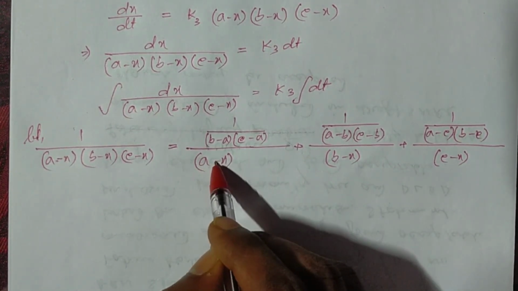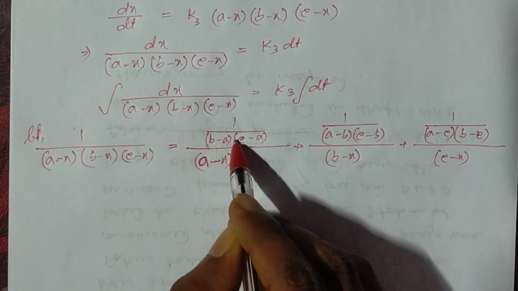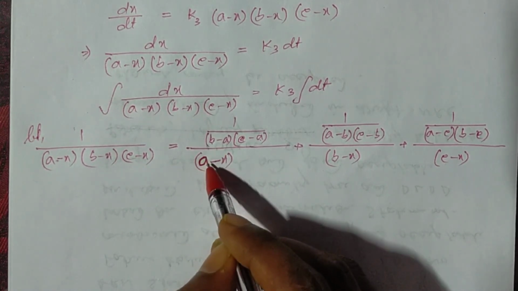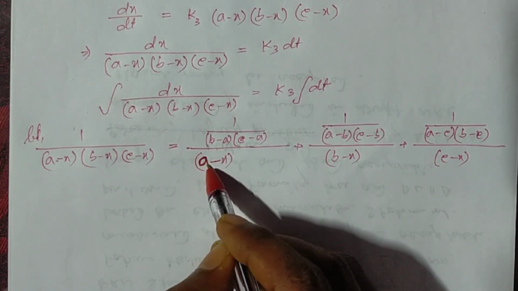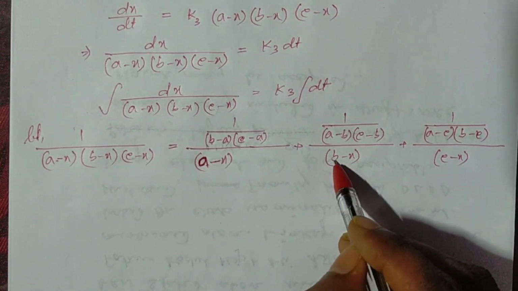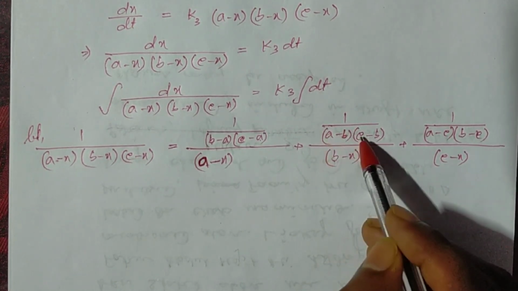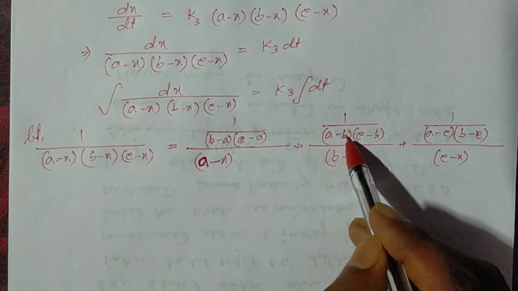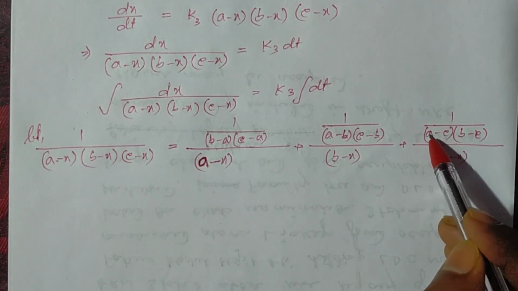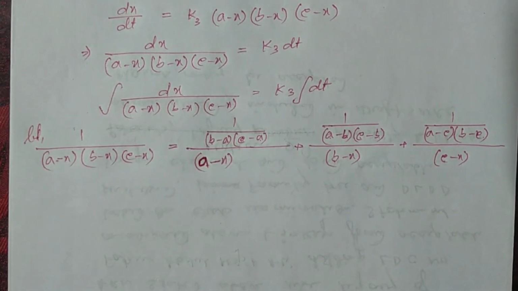So you can see that if we write A minus x here, then here you have to write B minus A and C minus A. That means if you write A here, then it will be minus from both B and C. If you write B here, then you have to subtract from A and C: A minus B, C minus B. And if you write C, then it will be A minus C, B minus C. Okay, so it is easy to memorize.